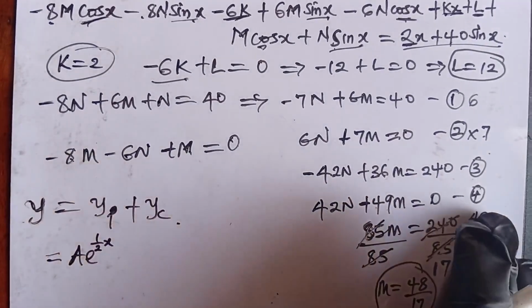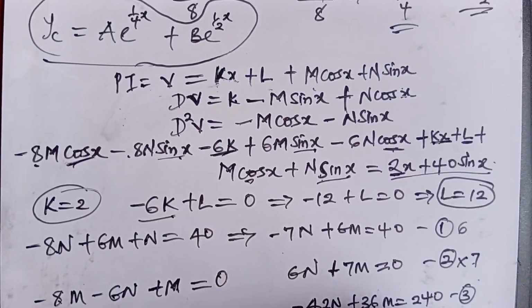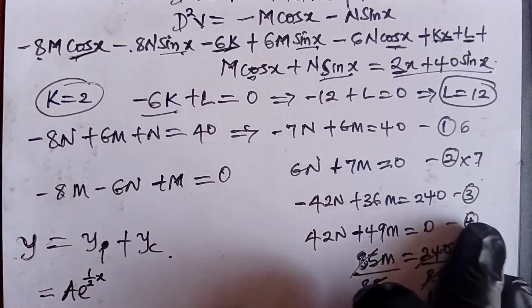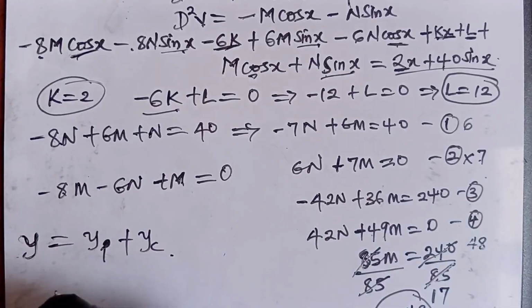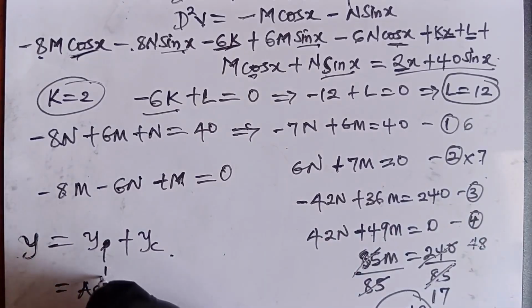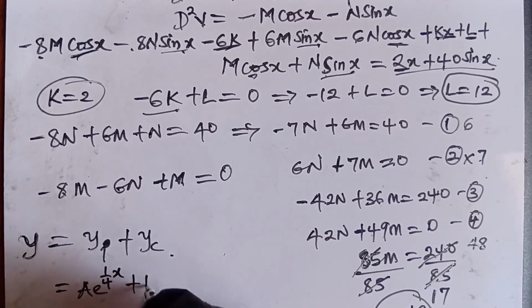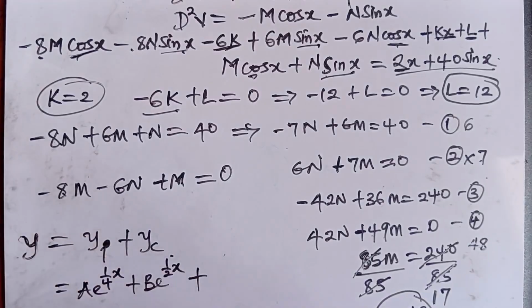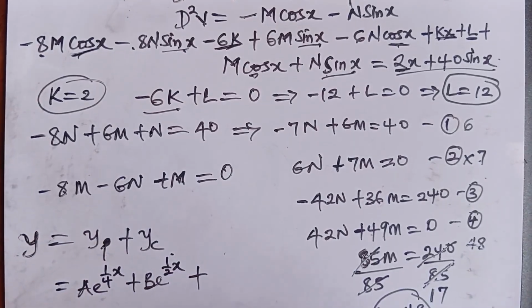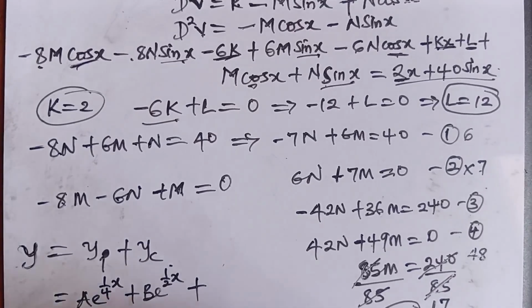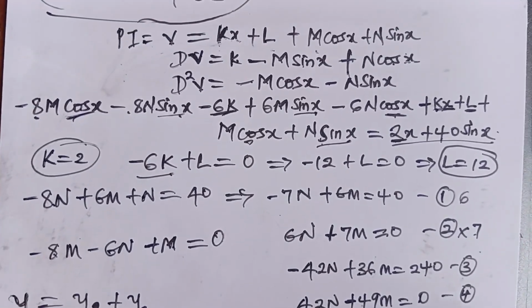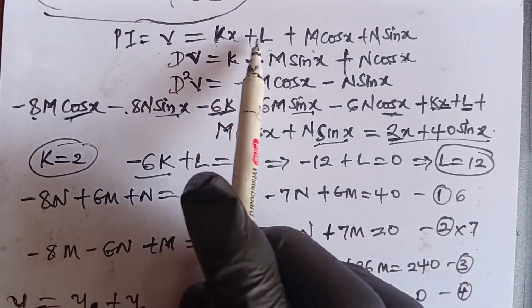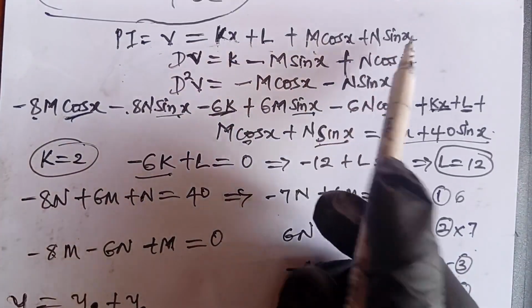It doesn't really matter if I write A or B first, but let me follow the write-up. Then I'll add the particular integral to it. And what was the particular integral? The guess is kx plus L plus m cos x plus n sin x.